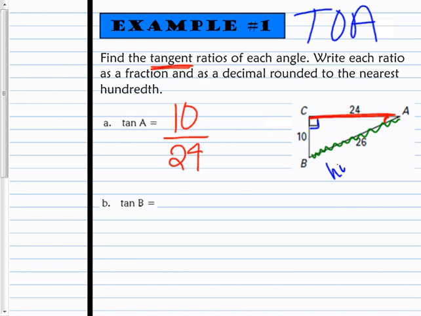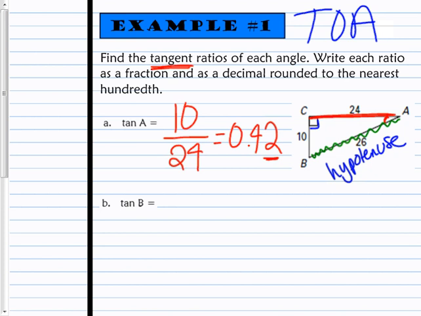And BA is the hypotenuse. So yes, it may be touching angle A, but it's the hypotenuse, so it is not the adjacent side. Okay, so that's the ratio, but then we also have to write it as a decimal. So you do 10 divided by 24, which is also 0.42 to the nearest hundredth.